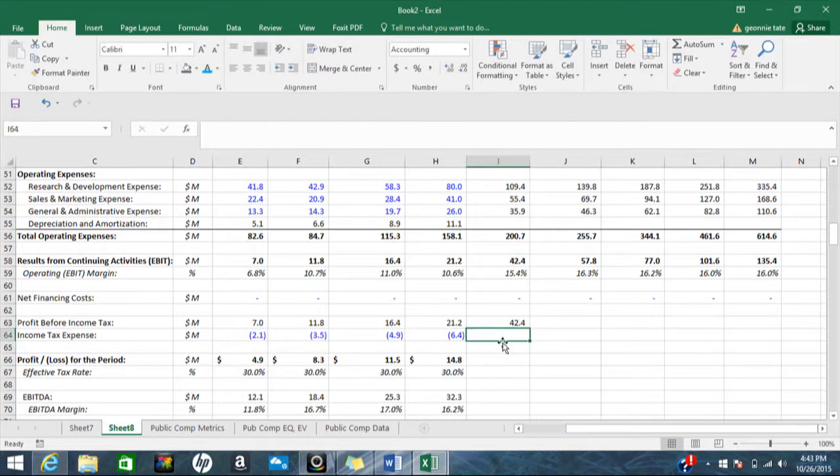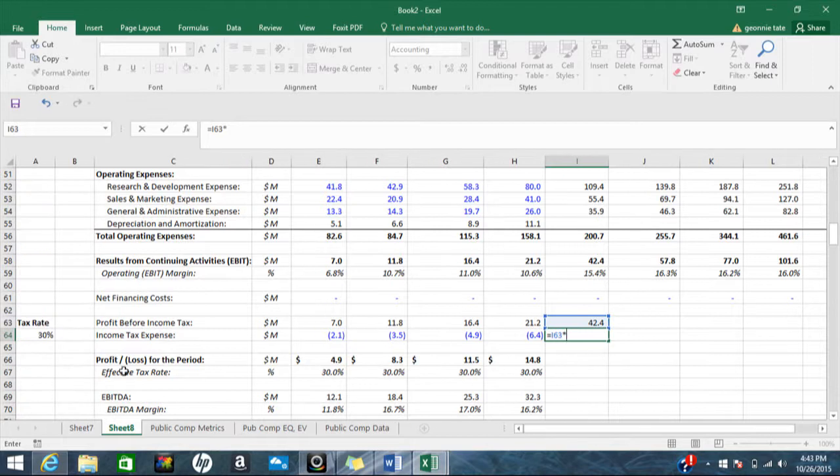And the income tax expense is the profit before income tax times my tax rate here, which is 30%. I'm going to lock this number using F4 before I need to use a negative sign in my formula. I just put it here. I'm going to copy both of these over.